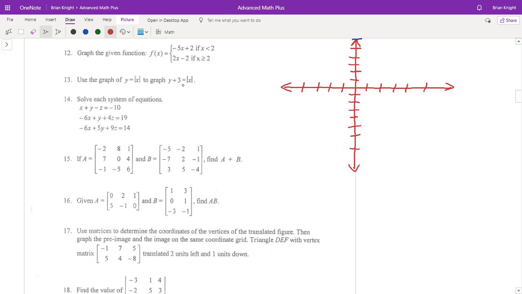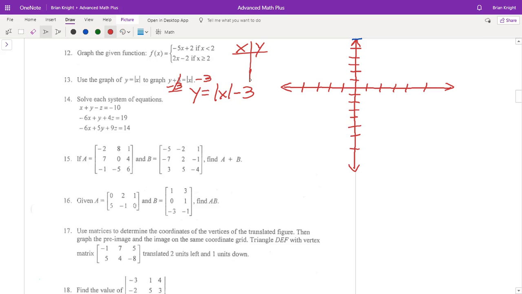No. Oh, okay. All right, so we need to subtract 3 over first. So we have y equals absolute value of x minus 3. Make my table. What kind of graph is this going to look like? What kind of shape? A V. A V, okay. Is it going up or down? It's going up because there's a positive number in front of your absolute value. If it said negative absolute value of x, then it would be going down. So we always start with the vertex.